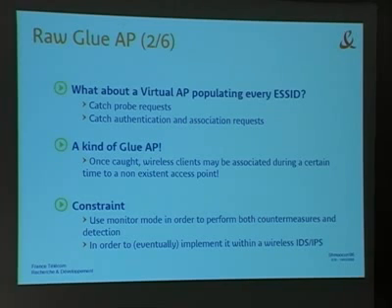So, in fact, it is quite more enhanced than the raw fake access point, because we create a virtual access point that's trying to catch probe requests, authentication requests, association requests, and data frames.